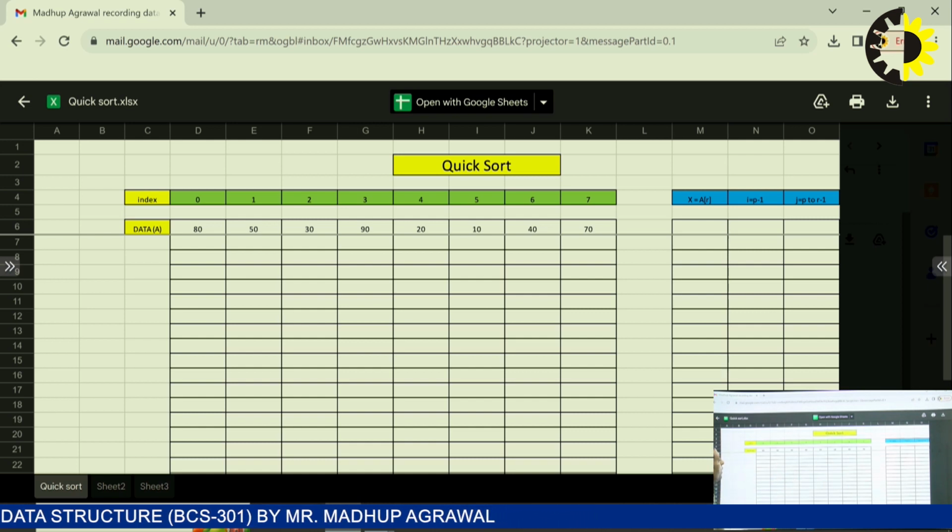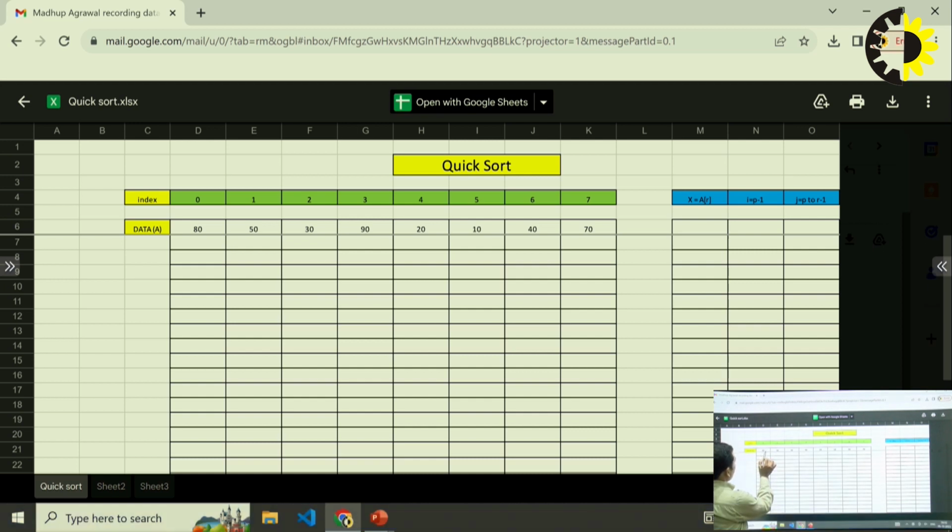So first, just guess, this is our data: 80, 50, 30, 90, 20, 10, 40 and 70. Now sort this. This is the starting position, this is the last position of the array.